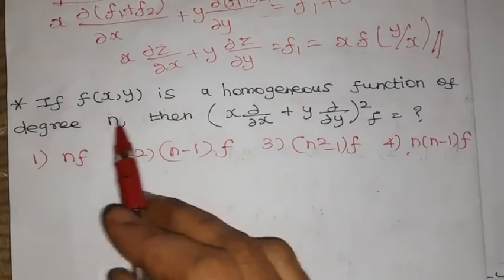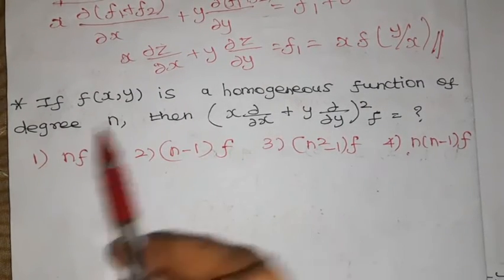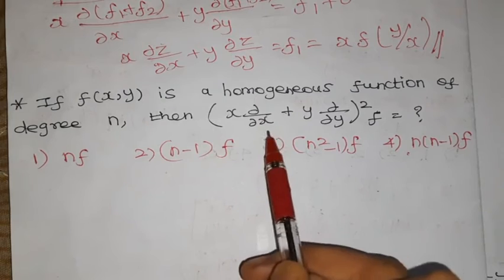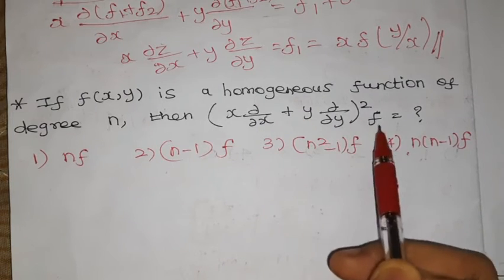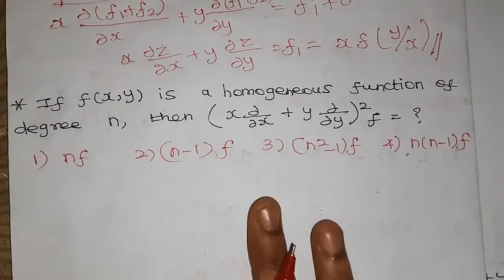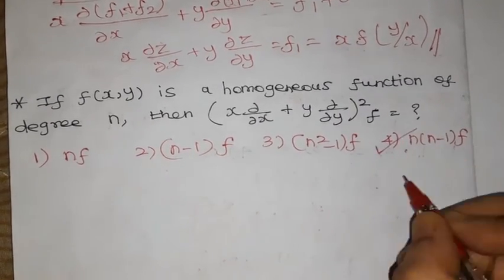If f of x comma y is a homogeneous function of degree n, then (x ∂/∂x + y ∂/∂y) the whole squared equal to f. We need to find, for that, what is the answer? N into n minus 1 into f. How?